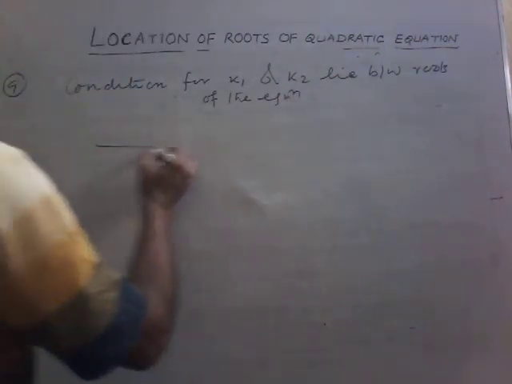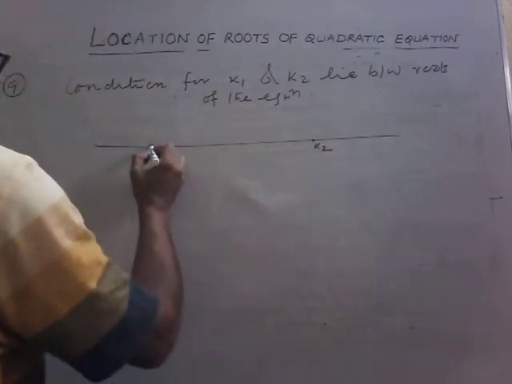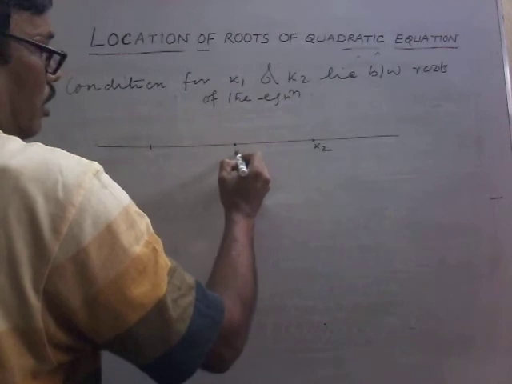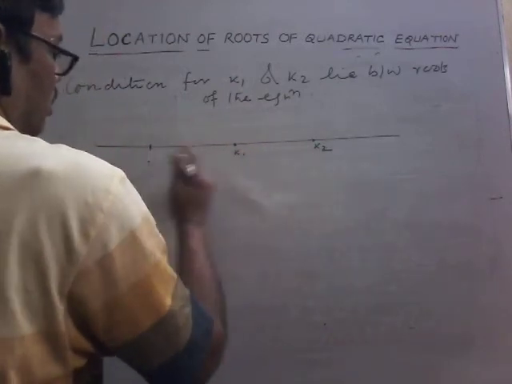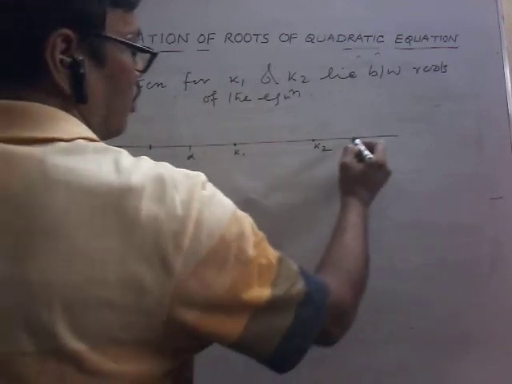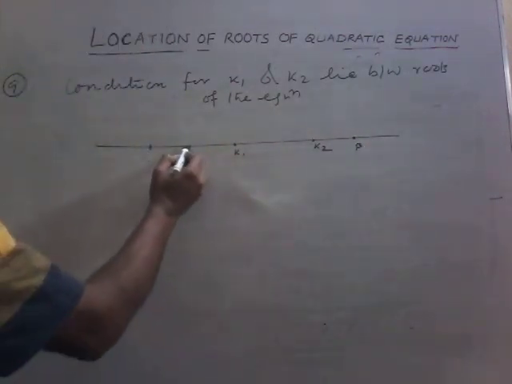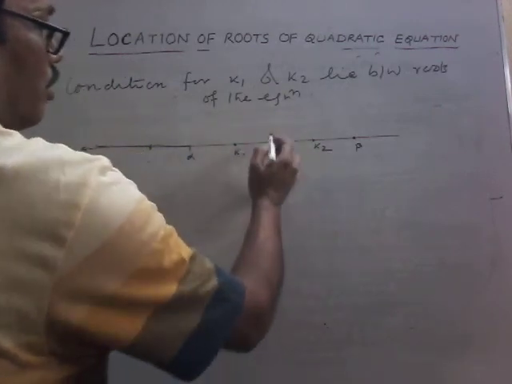So K1 and K2, this is K2, this is K1, this is alpha, and this is beta. K1 and K2 lie between the roots of the equation.